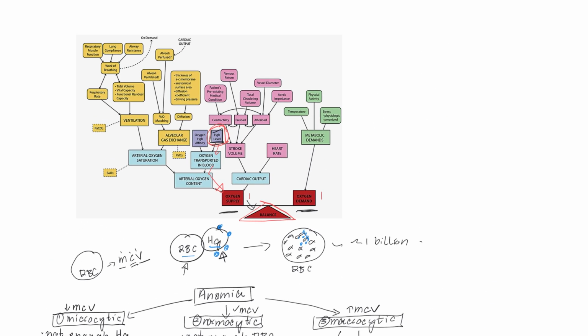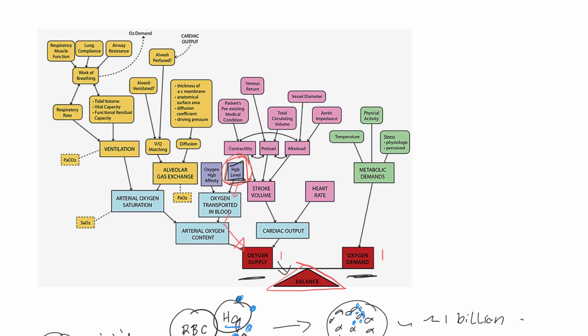So how does all that work into oxygen supply and demand? Well, if you don't have enough hemoglobin, whether it's because you're not making it, because you're not getting enough iron, or because you don't have enough red blood cells. So remember, red blood cells carry hemoglobin. So if you don't have enough red blood cells, that means you don't have enough hemoglobin.